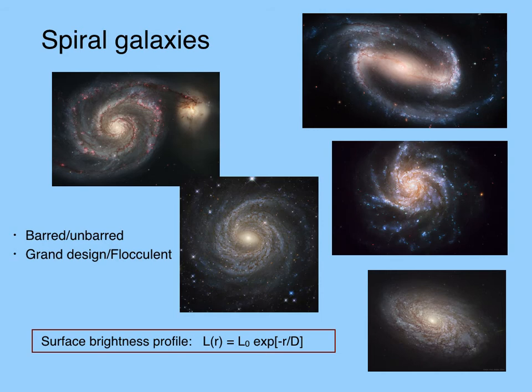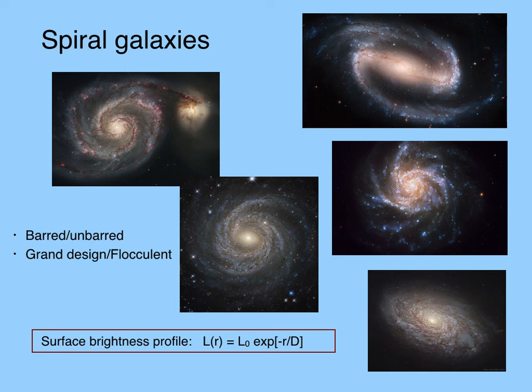The spirals can be classified into barred or unbarred galaxies, where a bar is an oval or a rectangular structure, the kind that you see on the top right image here, in accordance with Hubble's classification scheme. The spirals can also be classified as grand design spirals, for instance the galaxy that you see on the top left here, or flocculent spirals.